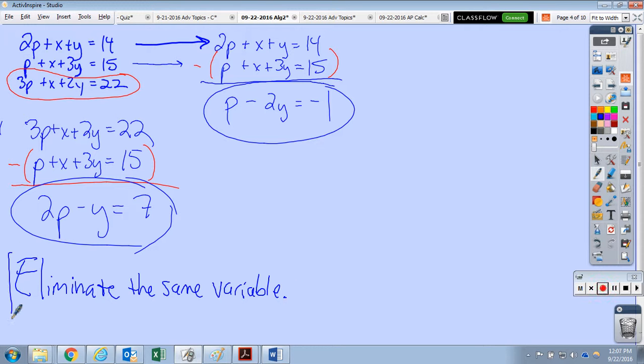This is key here. Okay, so we went ahead and did that. We eliminated the x's. So now we have these two.